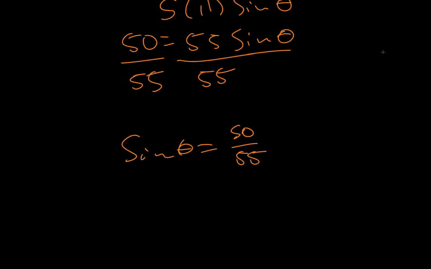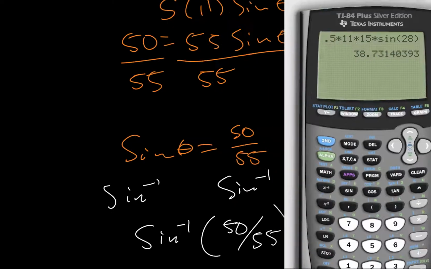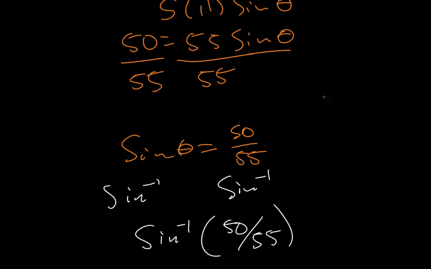To undo that sine, we do an inverse sine on both sides. So in our calculator, we want to plug this in. So I'll move, kind of in the middle of the screen. So second sine, then we get 50 divided by 55. And so we get the angle of 65.4.